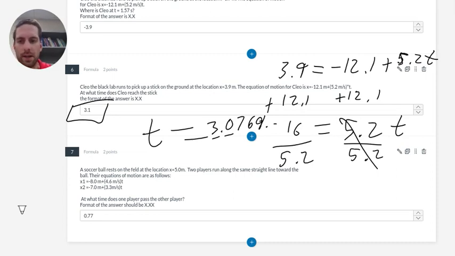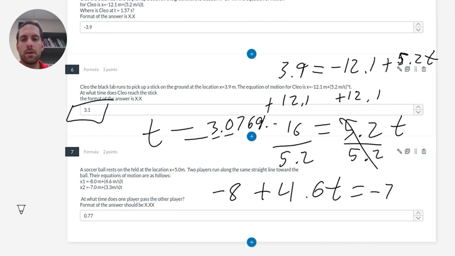So when each player passes each other, that means they have to equal each other. So -8 plus 4.6 time equals -7 plus 3.3 time. At this point, we just solve this.